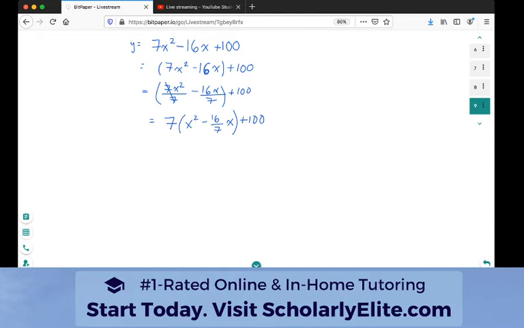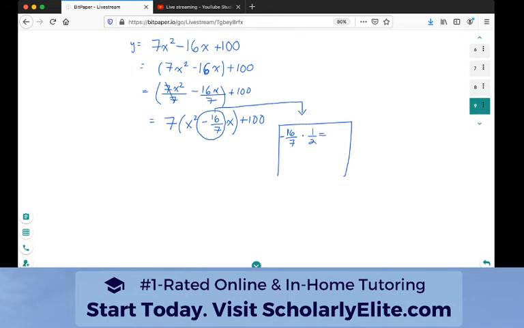Okay, so now it's death box time. We take this and we bring him over to the death box area. And first things first, we multiply by 1 over 2. Sorry, I meant to say 16 over 7, which is negative. Remember, that negative sign is important to bring on over to the death box because it's going to matter to us later.